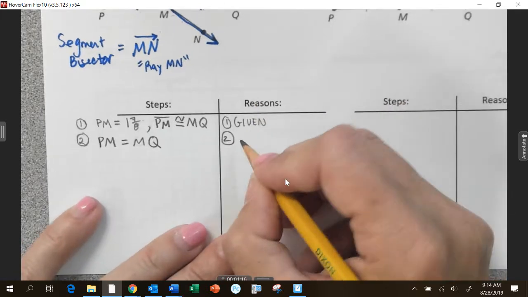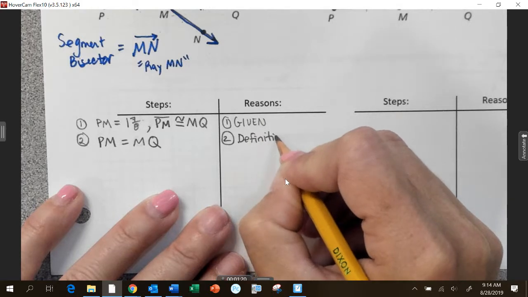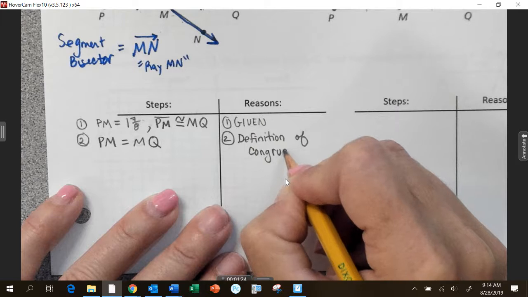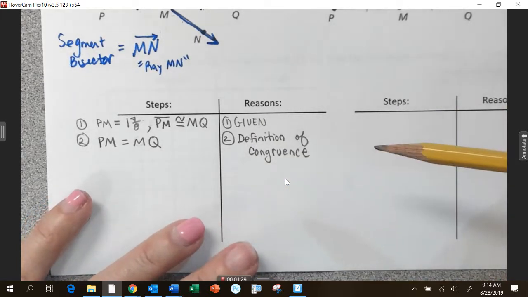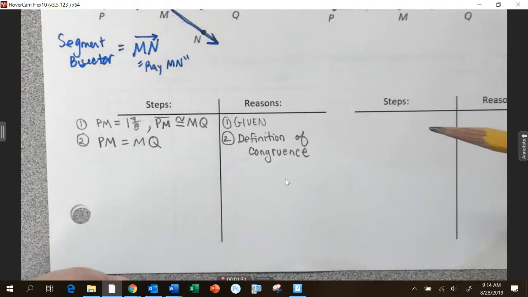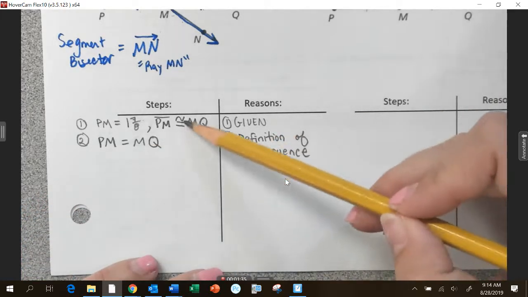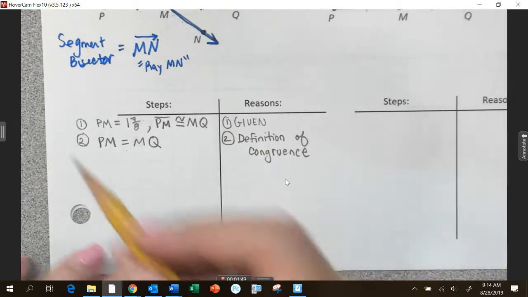But the reason why is the definition of congruence. If two things are congruent, they're also equal. If two things are equal, then they're also congruent. That's what the definition of congruence is. Anytime you go from congruent to equal or equal to congruent, that's going to be your reason. And you will learn that by practicing it.